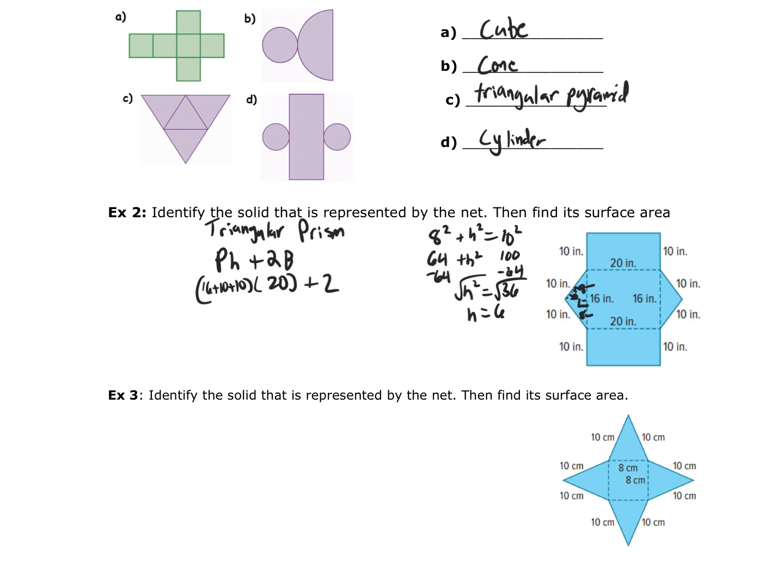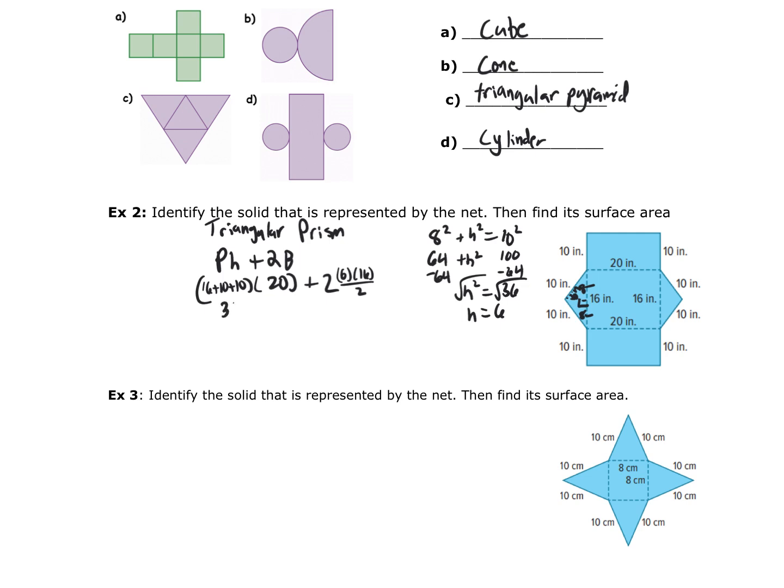Now I can find the area of the triangle. The area of the triangle is base times height over 2. So that's going to be 6 times 16 over 2. We can go ahead and do some simplifying.